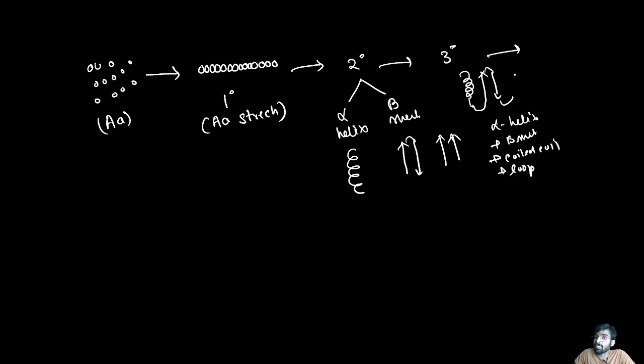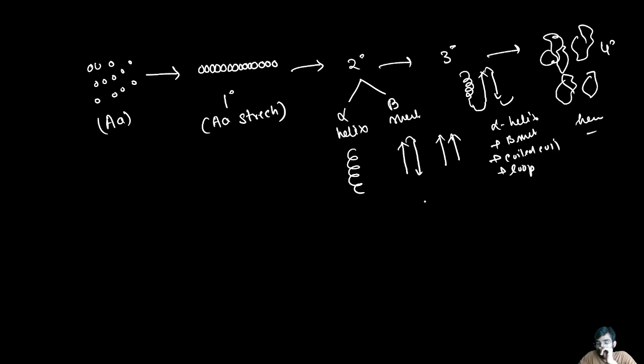And then suppose multiple subunits are interacting with each other, that's one subunit folded, that's one subunit, that's one subunit. At that time, this is called quaternary structure or fourth degree structure, like hemoglobin.